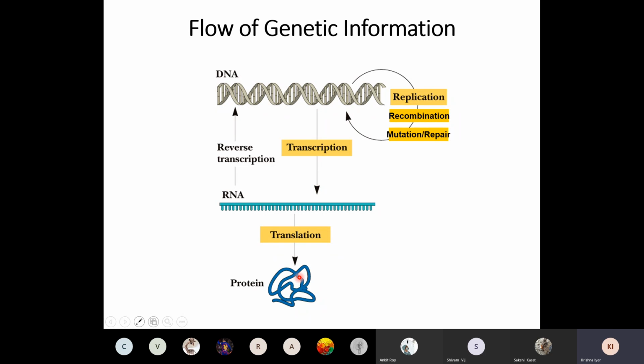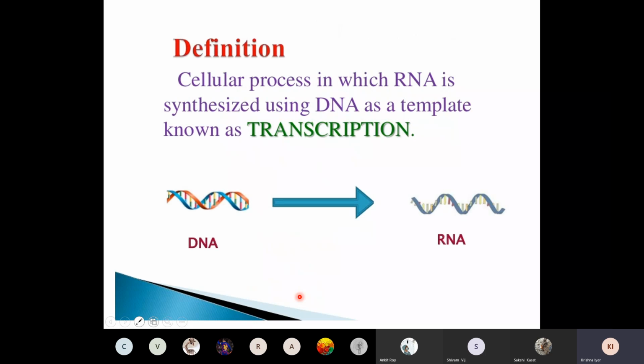With this as the basis, in this lecture and maybe the next lecture, we are going to look at how DNA gets converted to RNA in its journey to be later translated to give you the protein. So, what is the definition of transcription?